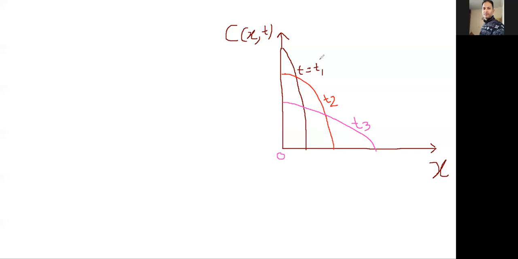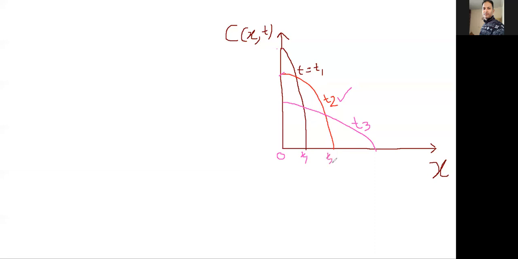Initially the concentration at the surface is this big, and your dopant has reached till this depth, which we may call x1. As you allow for longer time t2, your maximum concentration at the surface has decreased, but the dopant has reached even deeper.